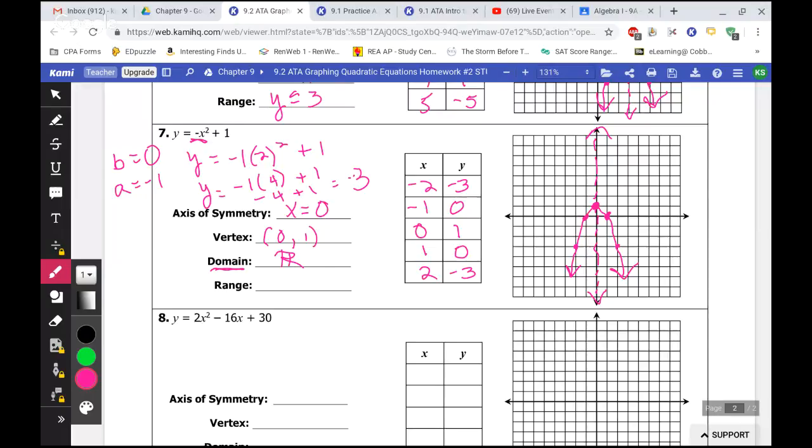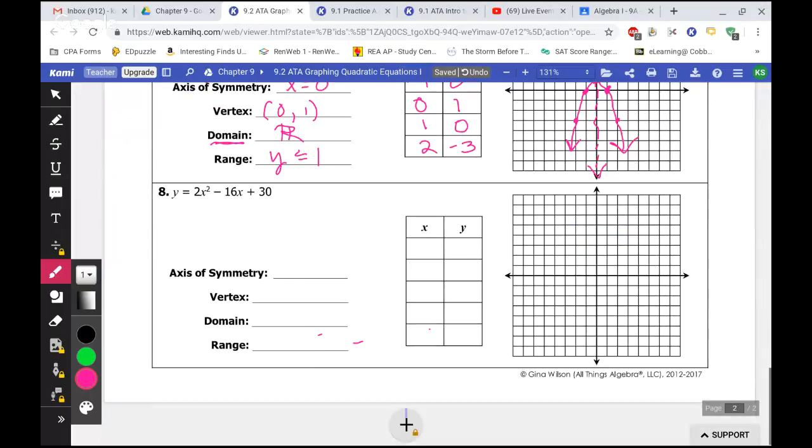Y is less than or equal to 1. Good job. Y is less than or equal to 1. Good job. Way to go. I'm so glad you're putting all of that together.